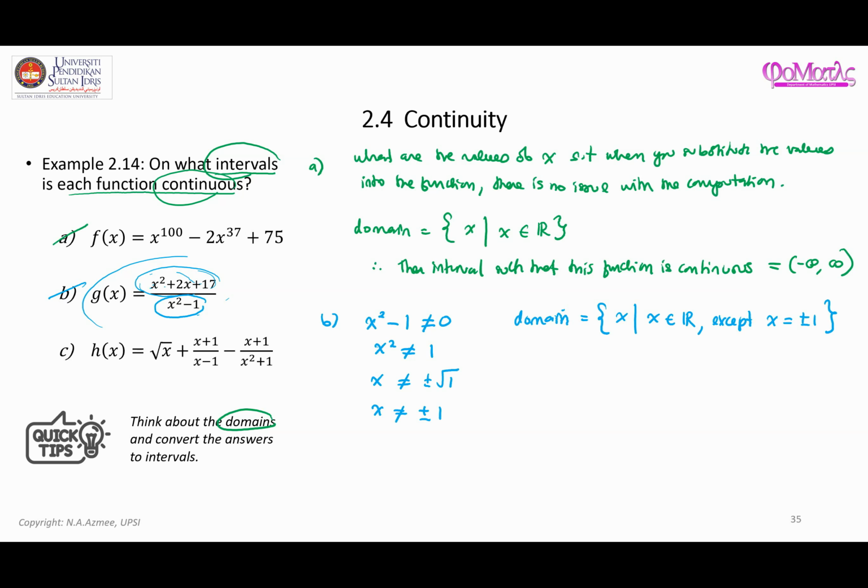Again, we have to answer the question, which asks you to define the interval where the function is continuous.